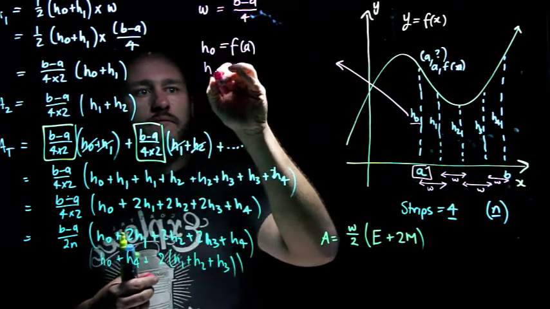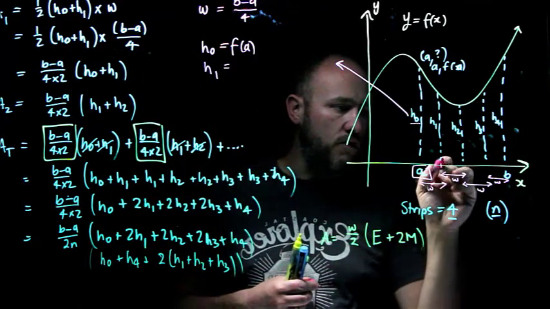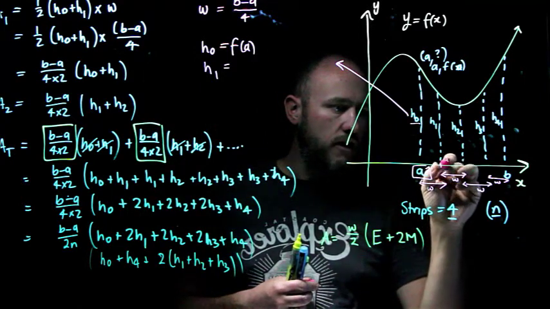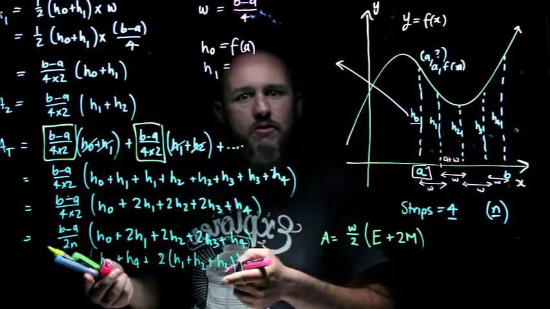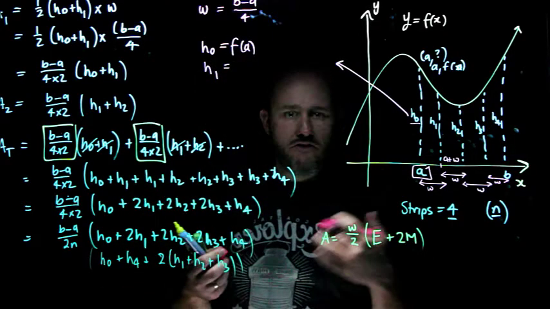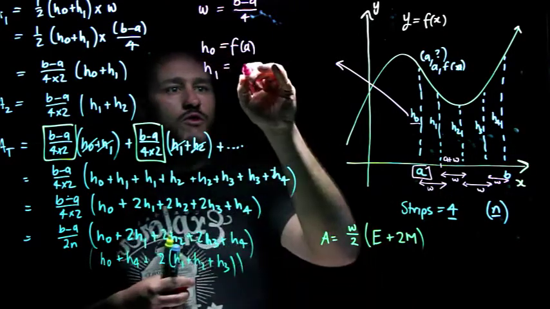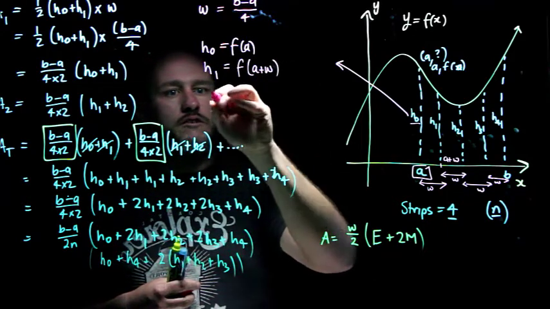What about h1? Well, h1 is going to be the height at that ordinate, and that ordinate is a plus a width. And you will have determined the width already. It might be that you're still using (b minus a) over n, but you might have already worked out the width. So it's just f of (a plus whatever your width is).